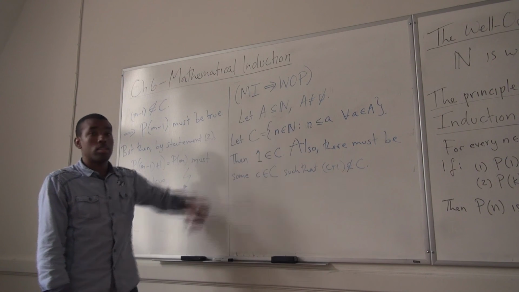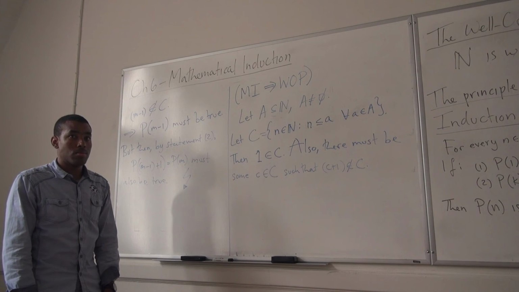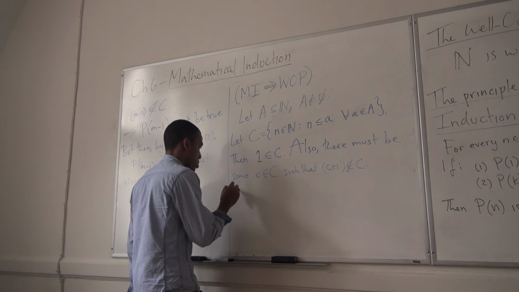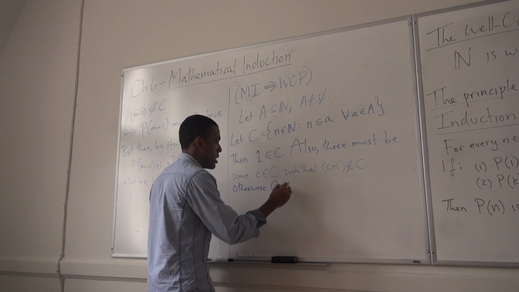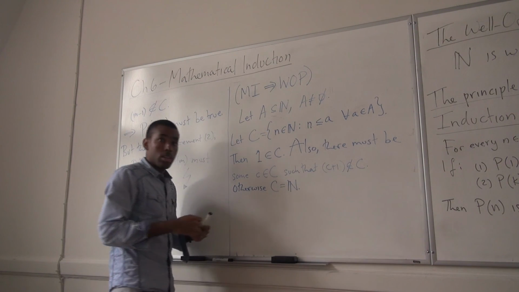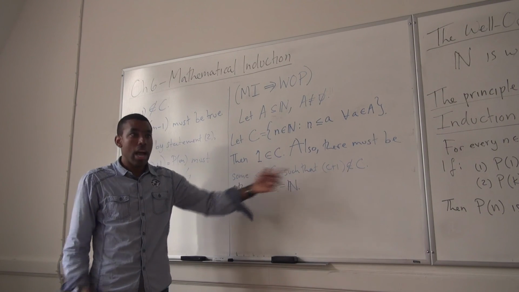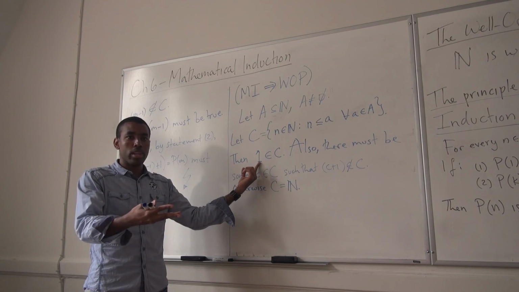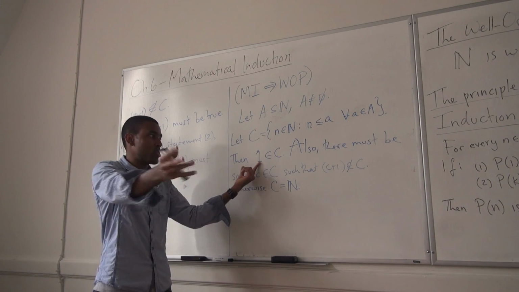Remember, we have induction, and we know that 1 is in C. Otherwise, C would actually have to be N, right? Because for every element in C, if I add 1 to it, it's also in C. Because 1 is in C, 1 plus 1 has to be there, and then 2 plus 1, and 3 plus 1, and so on and so forth.